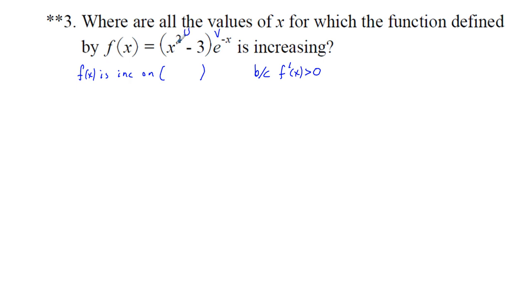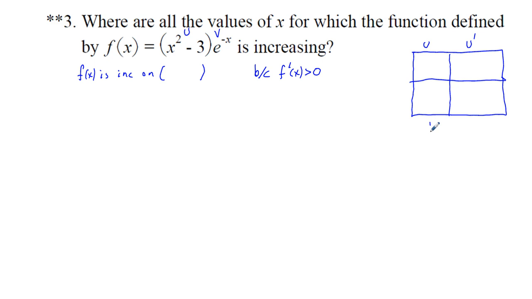So the u function would be like x squared minus 3, and the e to the negative x would be v, and make a box like I've done here before. And I'll have u prime, v prime.